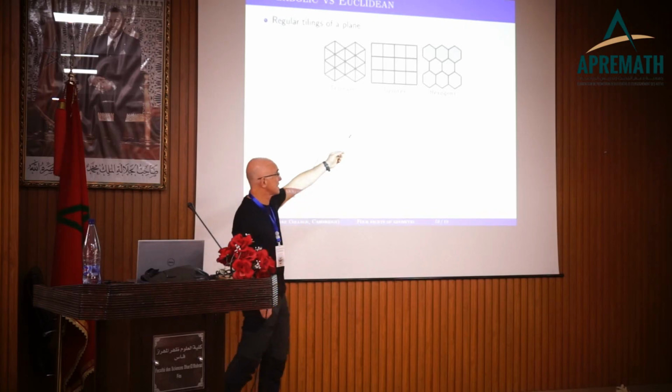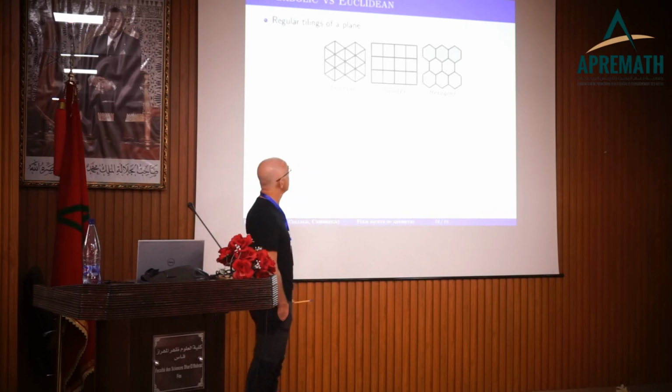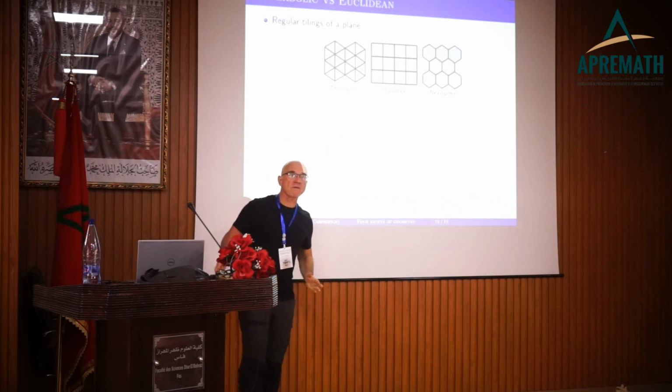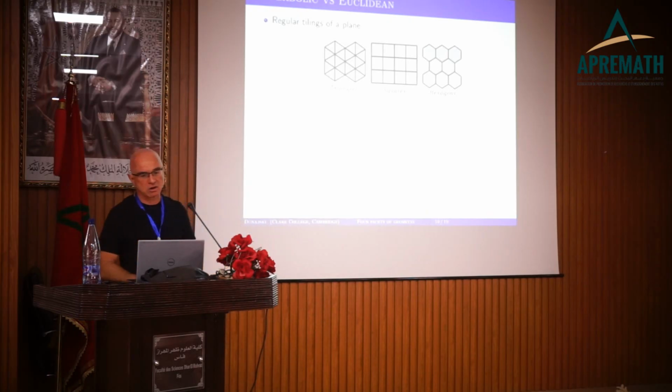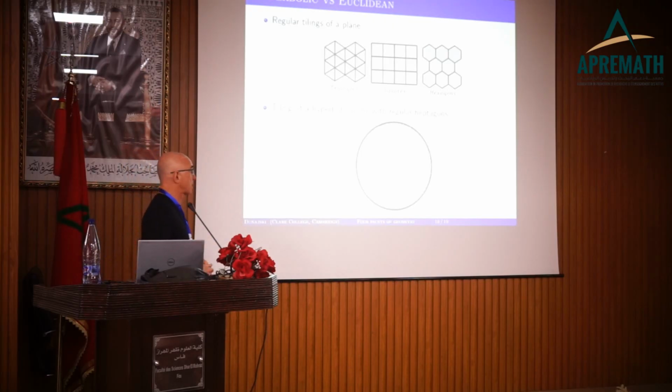So there are the hexagons, which I've shown you before, and there are also squares and triangles. There is no other way of tiling a plane by regular polygons. And a proof of that uses the 5th axiom.